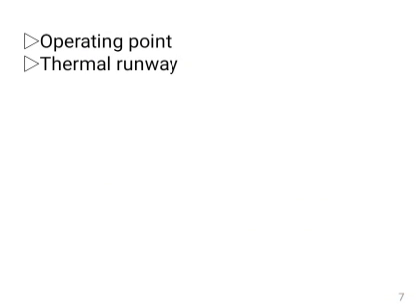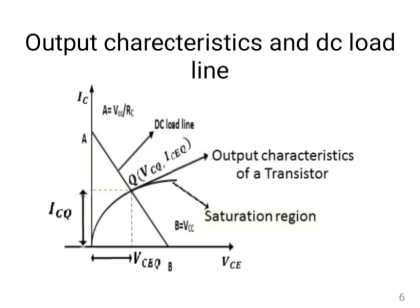Next, the operating point, or quiescent point. The operating point Q is the point of intersection of the DC load line and the saturation region of the output characteristics of a transistor.